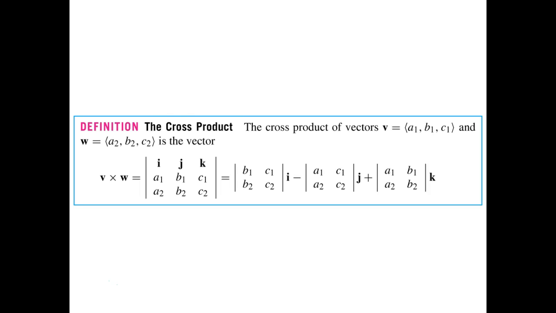That's going to be the coordinate of the I component of that cross product. Minus J, remember you've got to do the minus for that one, times this determinant, A1 C2 minus C1 A2. Plus K times the determinant of that one, A1 B2 minus B1 A2. However you want to do that.